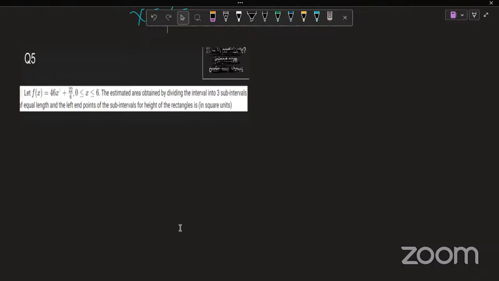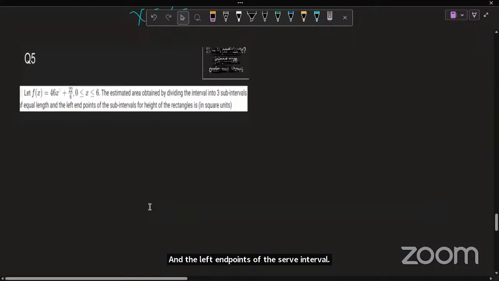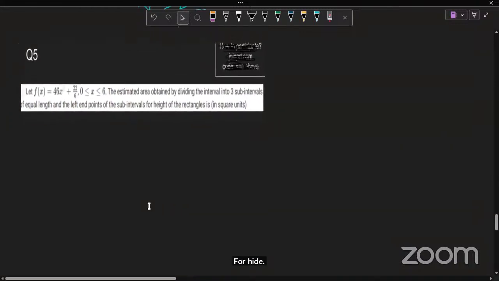Let's solve this problem. In this question, there is a function f(x) on the interval 0 to 6. The estimated area is obtained by dividing the interval into 3 subintervals of equal length, using the left endpoints of the subintervals for the height of the rectangles.